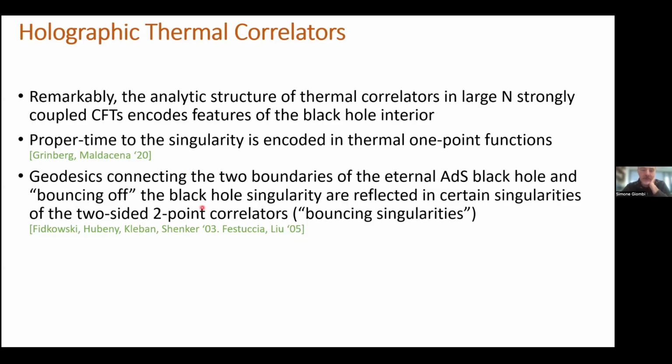Another older example, which is more relevant to this talk, is the observation that geodesics that connect the two boundaries of the eternal AdS black hole and in some sense bounce off the black hole singularity have a contribution reflected in certain singularities of the two-sided thermal correlators, which are sometimes called bouncing singularities because of the relation to these geodesics.